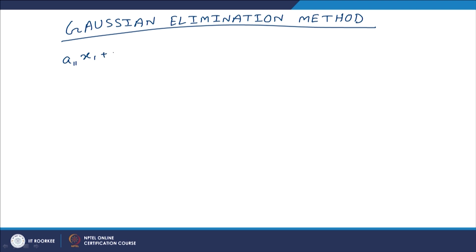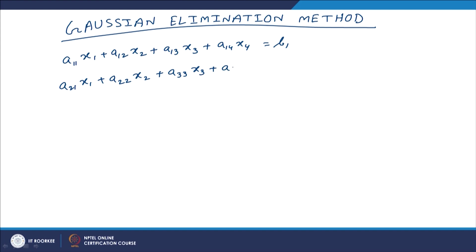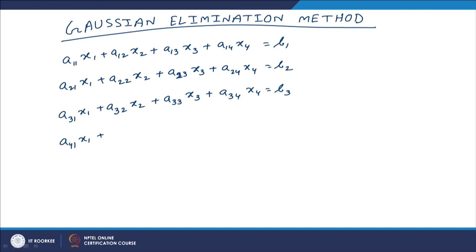So, we had this equation: A11 x1 plus A12 x2 plus A13 x3 plus A14 x4 is equal to B1; A21 x1 plus A22 x2 plus A23 x3 plus A24 x4 is equal to B2; A31 x1 plus A32 x2 plus A33 x3 plus A34 x4 is equal to B3; and lastly A41 x1 plus A42 x2 and so on, equal to B4.